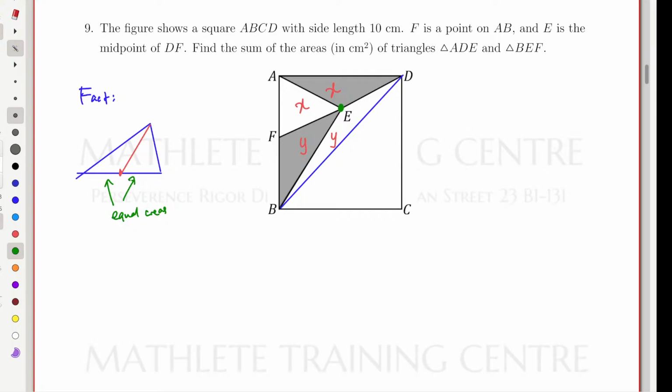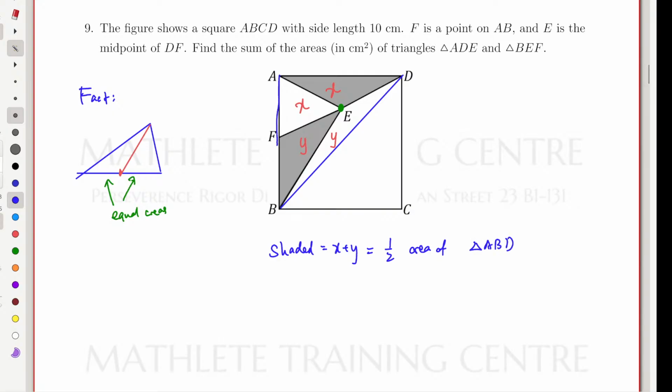Okay, so now what we can see is that the shaded area is X plus Y, and X plus Y is going to be equal to half the area of the triangle ABD, right?